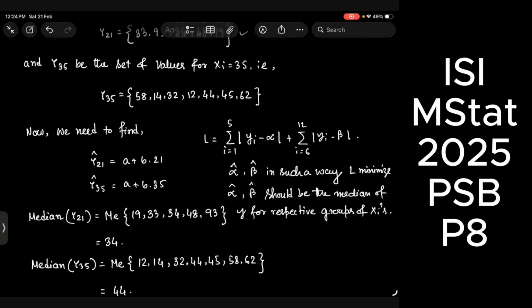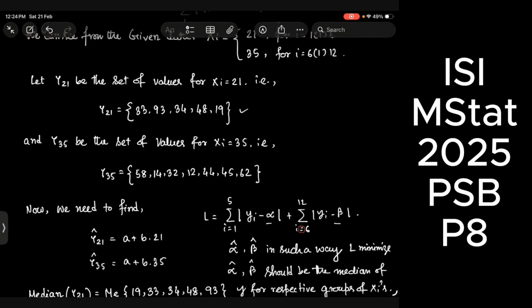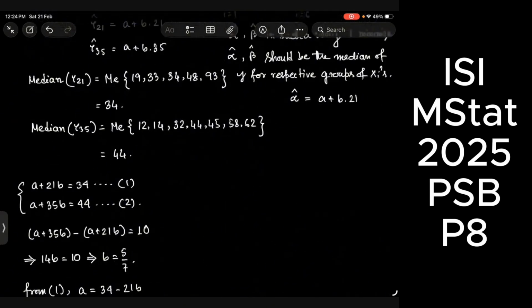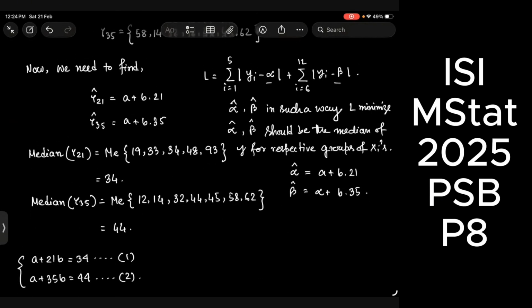Then we are trying to find alpha cap and beta cap. And alpha cap and beta cap are such that 21, this was right, and so that's why I was saying we have to find the median of y.